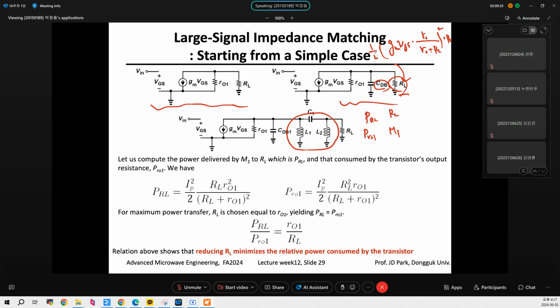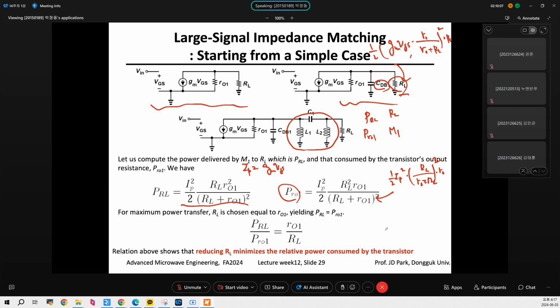Here IP is GM VGS. How about PRO? Same, right? You just provide half of IP squared, RO plus RL and RL, and just take RO. That's what we get here.